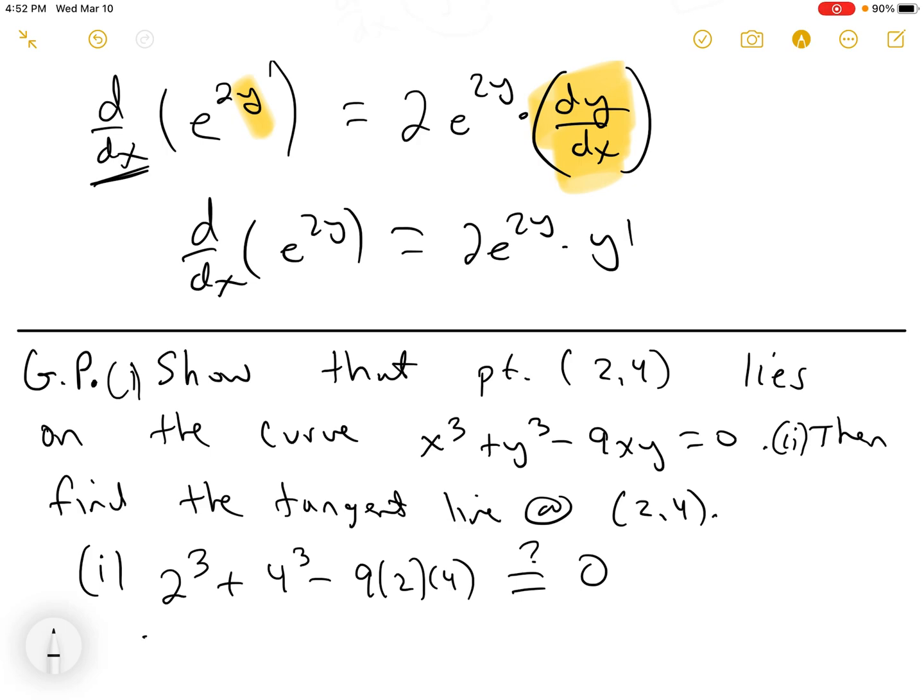This is 8. What's 4 cubed? 2 to the 6, 8 squared, 64, minus 72. And that's 0. So yeah, it's on there. Okay, 2.